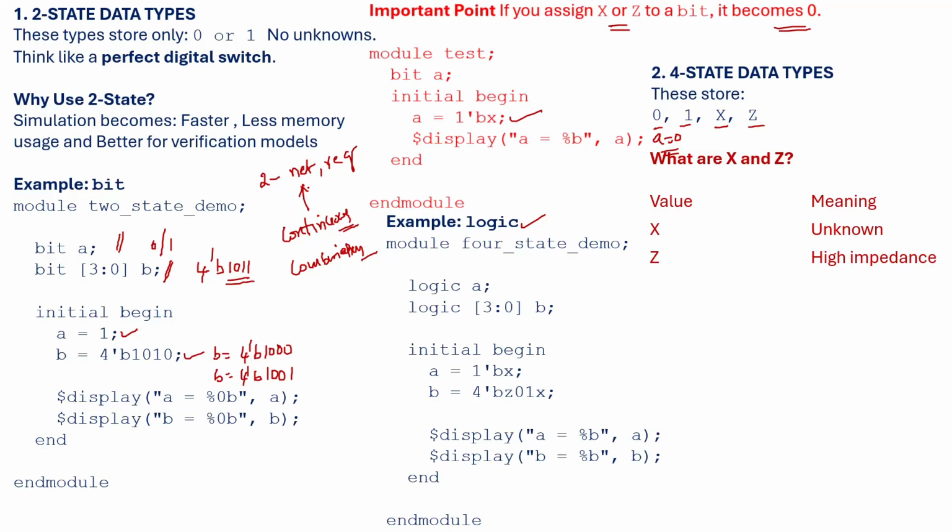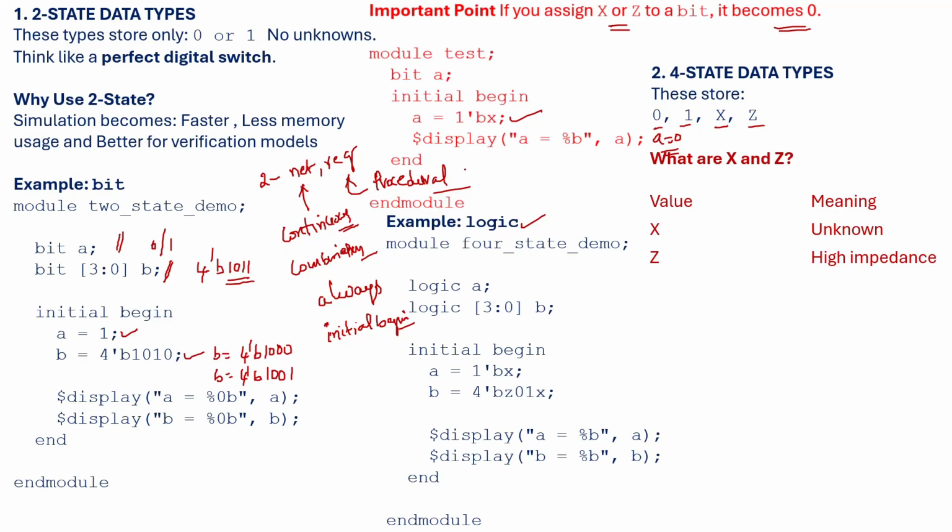For that we use the net data type. The reg type is for procedural assignments, which means we can use them inside always and initial begin blocks.